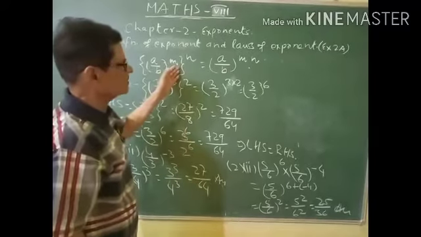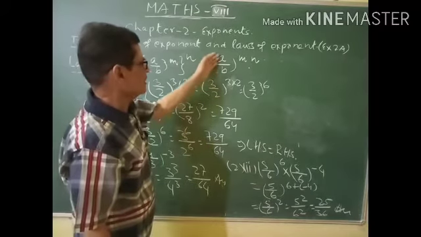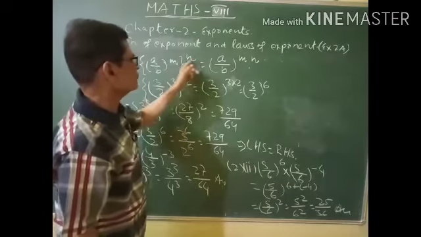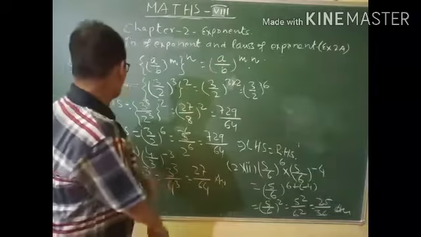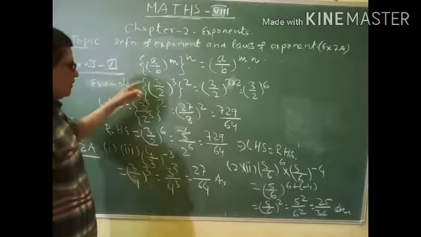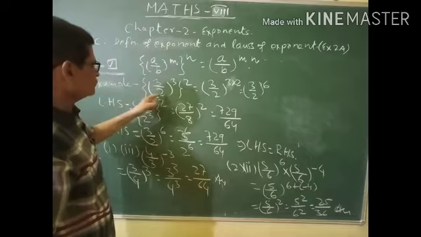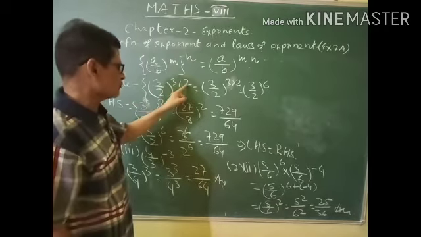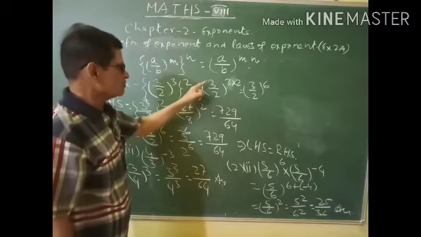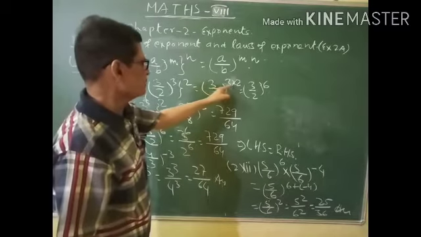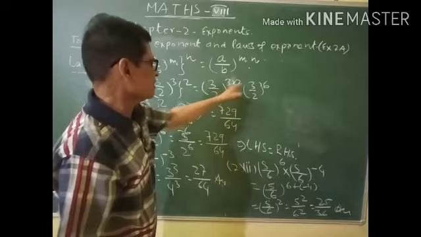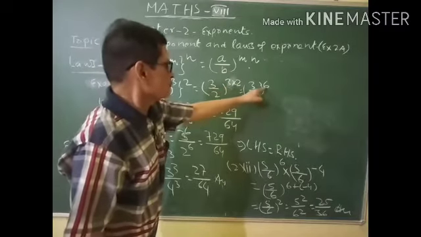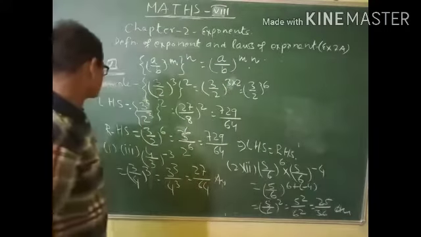For example, I have taken ((3/2) to the power 3) whole to the power 2, equal to (3/2) to the power 3 into 2, that is (3/2) to the power 6.